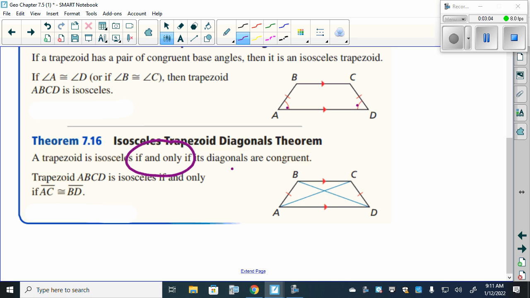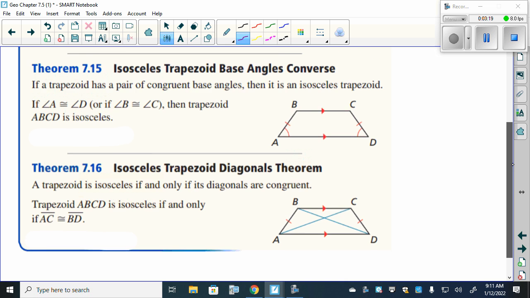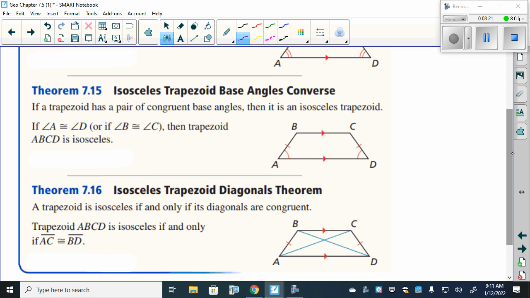So if this is true, then this is true. And if this is true, then this is true. Both statements have to be true in either direction. So they don't need a converse because of it. So any questions on any of this here?